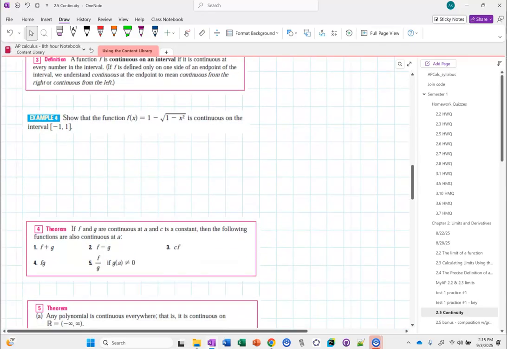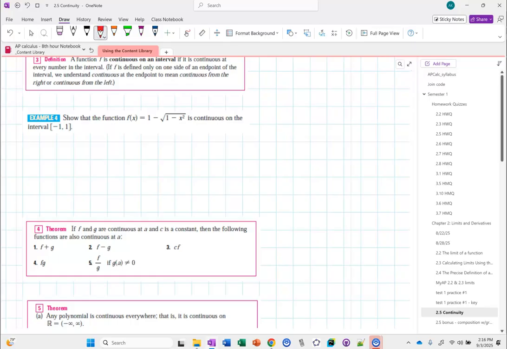So as an example here, it says show that the function f of x equals square root of 1 minus x squared is continuous on the interval -1 to 1. To do that, we need to do 3 things. We need to show it's continuous at each endpoint, and then continuous everywhere in the middle. Everybody's okay with that?